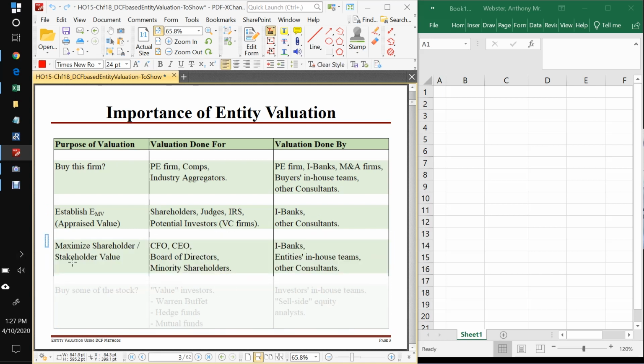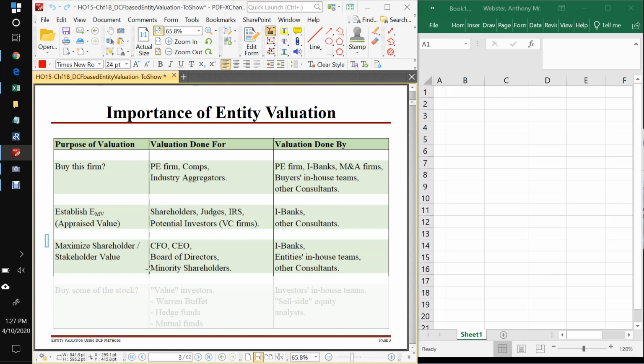And we're also going to be interested in coming chapters in using entity valuation to help us maximize shareholder value of the firm, or stakeholder value of the firm. So this is typically an internal type of valuation that might be set out by the board of directors asking the CEO to ask the CFO to do this.